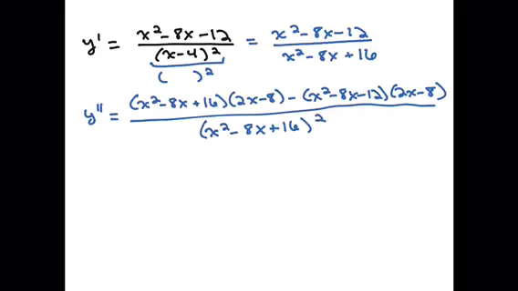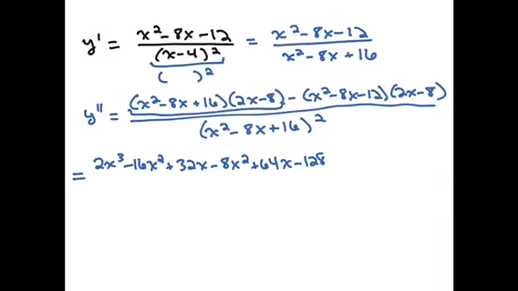All right, there's a lot of multiplying that needs to go on here in order to get my numerator. And I'm just going to write out the result of the multiplication. It's 2x cubed minus 16x squared plus 32x minus 8x squared plus 64x minus 128. And all of that comes from the first set of multiplications.